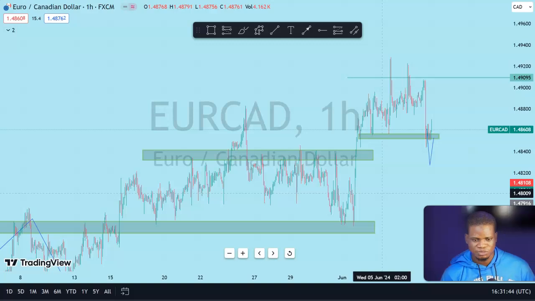Now when I trade support and resistance, when I trade the bounce, it is based on candlesticks. When the market comes to the support level or the support area, I look for candlesticks that tell me that the market is going to continue higher.